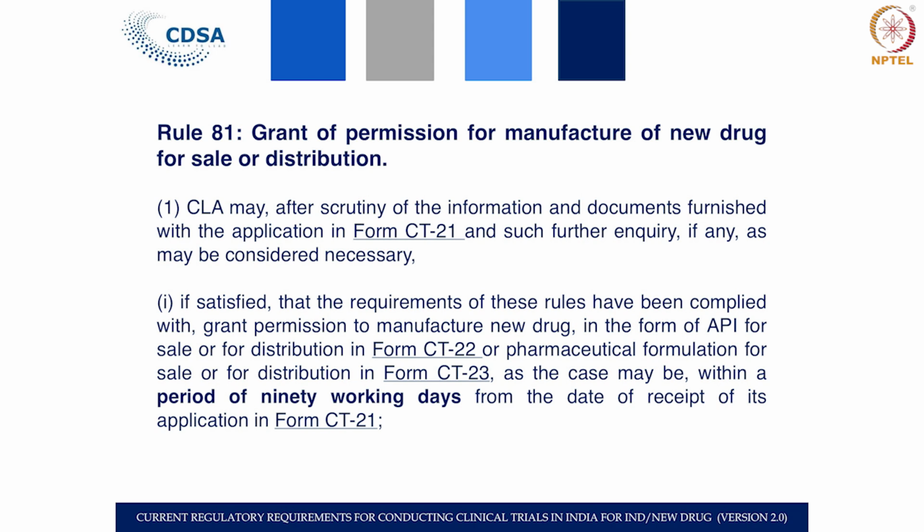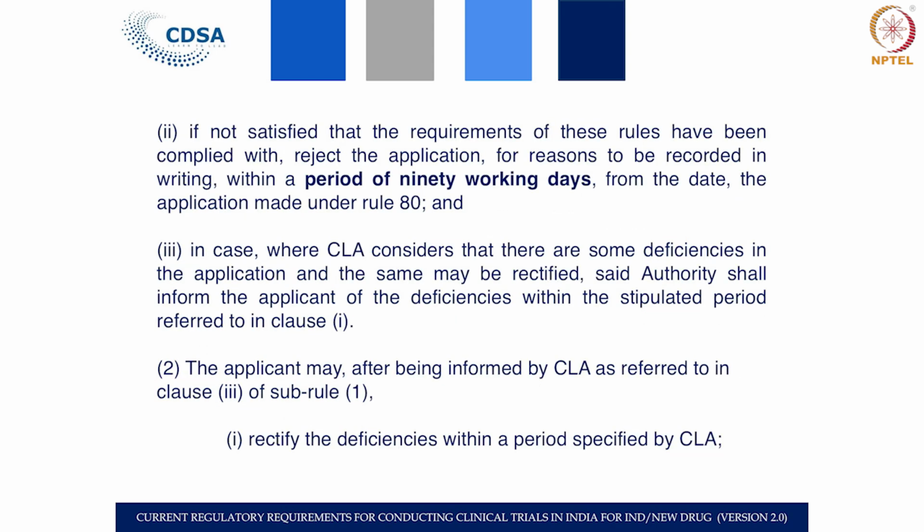So, it is form CT 22 for API and form CT 23 for the finished formulation, and all the timelines are 90 working days. In case there are deficiencies and it is responded to, permission can be granted or it can be rejected.